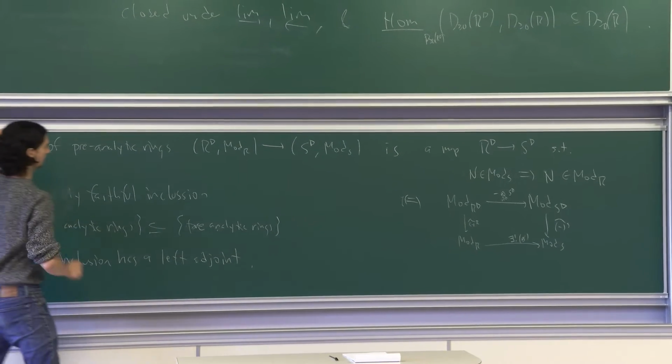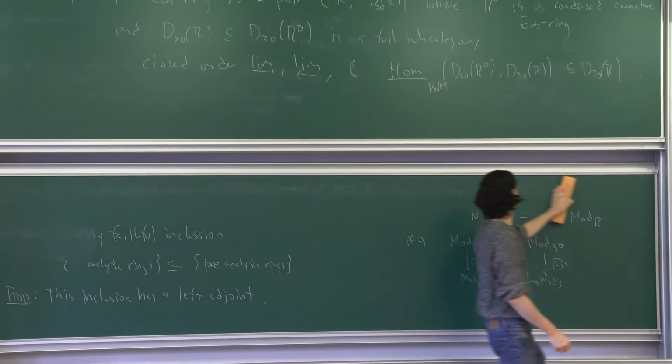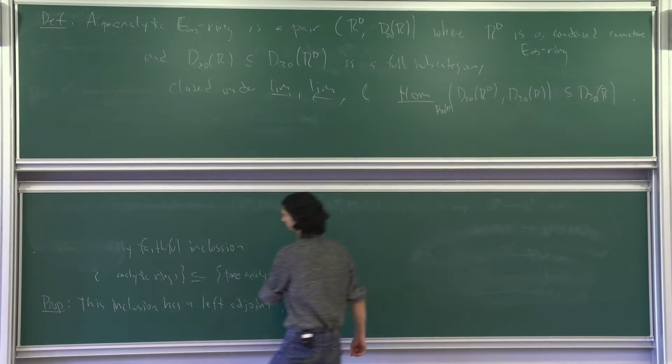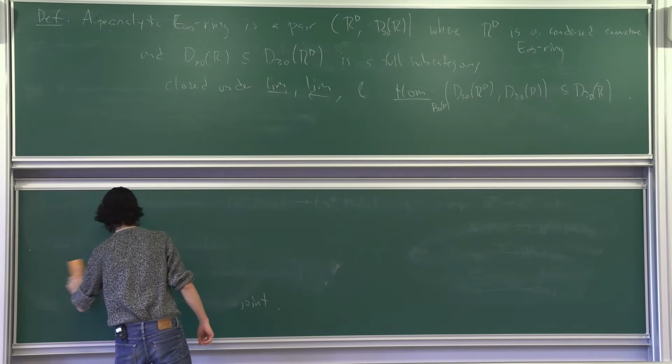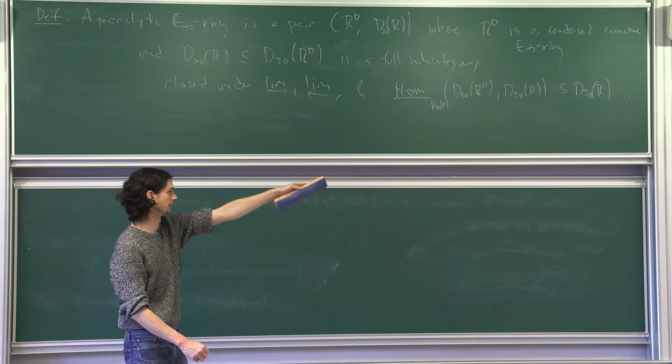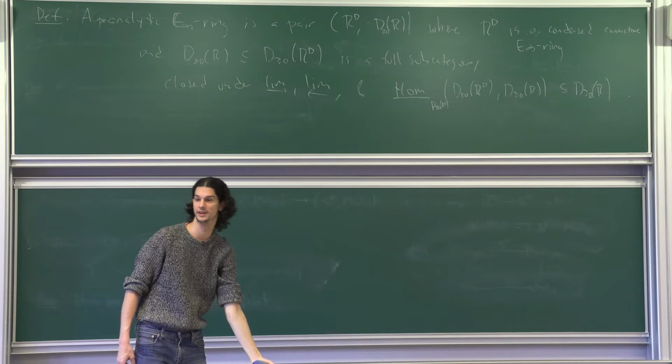And then I want to explain the relation between this notion of analytic ring and this derived notion of analytic ring, and then the bare bones notion on the abelian level that we defined earlier.